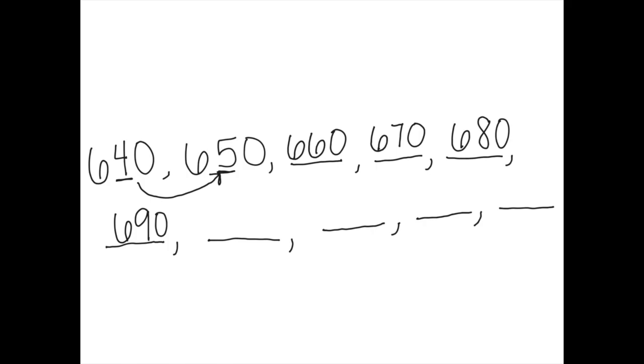Now what happens when I add 10 to 690? I know that 9 plus 1 is 10. So if I had 9 10 sticks or 9 tens in this number and I'm adding 10 more, that means I'm going to go up to the next 100. So now I'm on to 700.